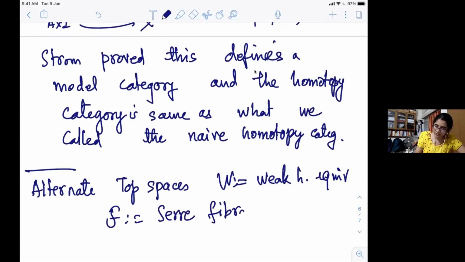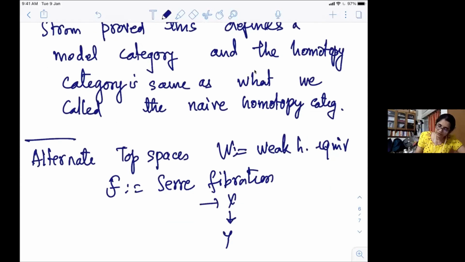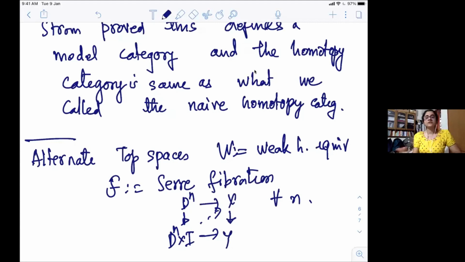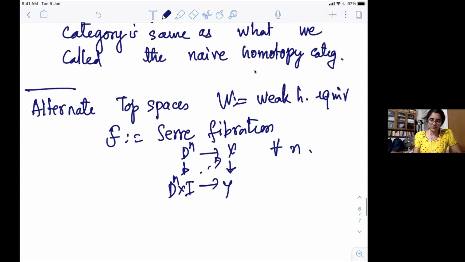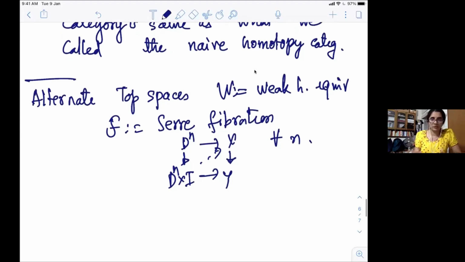I think people would have come across this. Basically, something is a Serre fibration if it lifts against D^n cross I, for any disk. So for all n, instead of asking it to have the homotopy lifting property with respect to all spaces A, we are saying it should have the homotopy lifting property with respect to all disks.